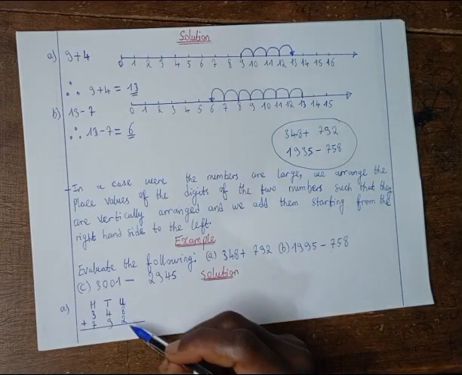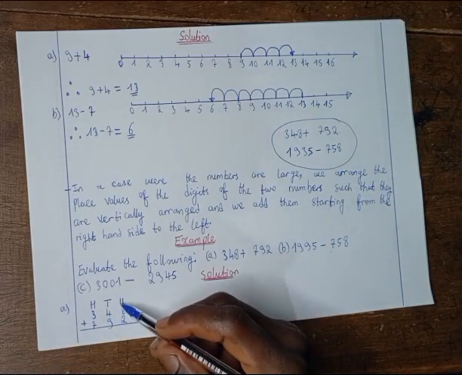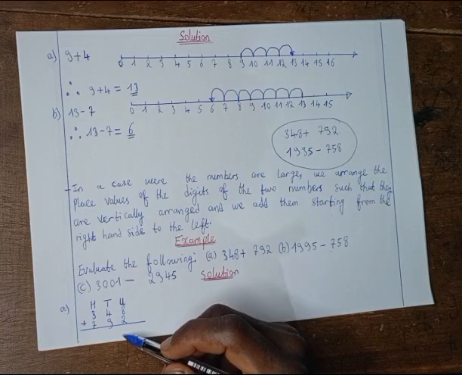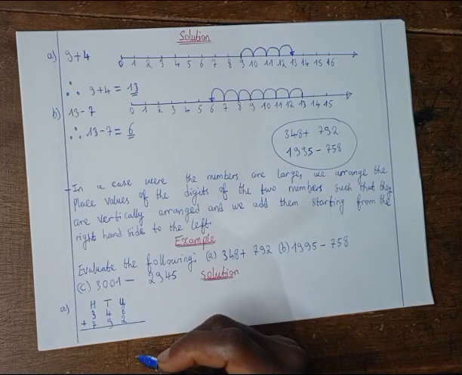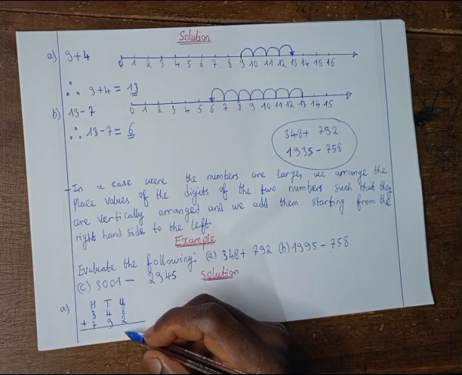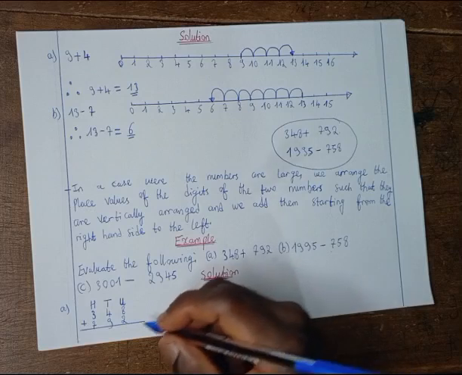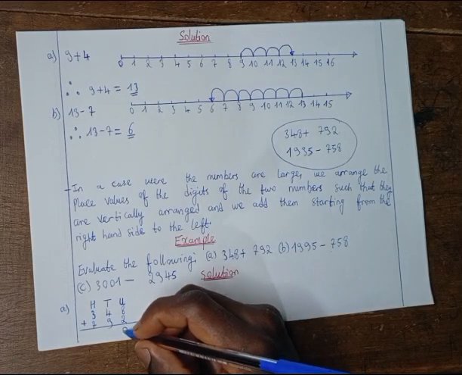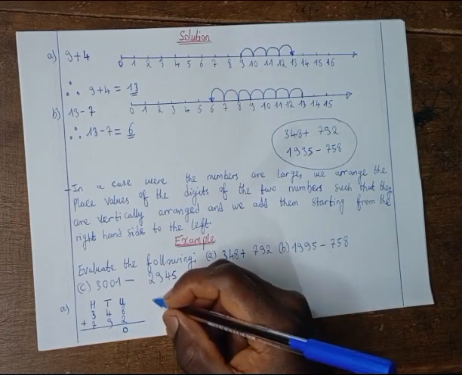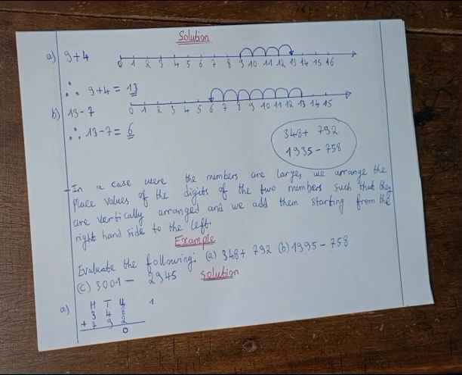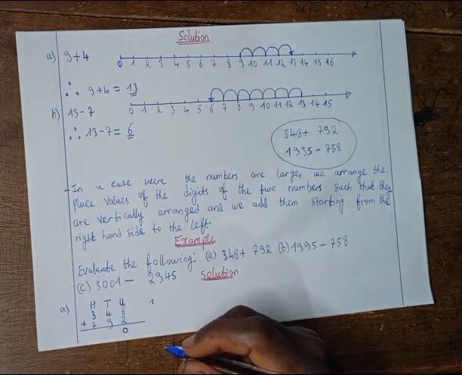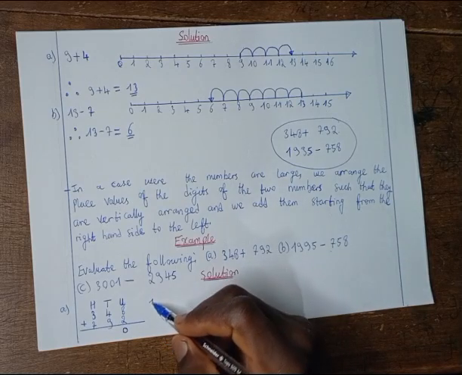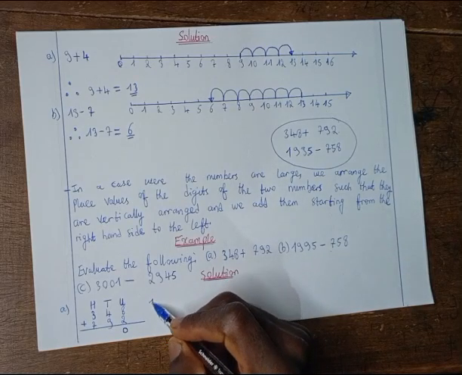So we start adding from the right hand side to the left. That means we start adding all the digits under the place value units before moving to the next higher place value, which is tens. 8 plus 2 gives us 10. We cannot write down 10 here, so we write the 0 for units here. Then we carry the 1 for tens. We move now to the next higher place value. 4 plus 9 gives us 13. Plus 1, the one we carried, gives us 14.